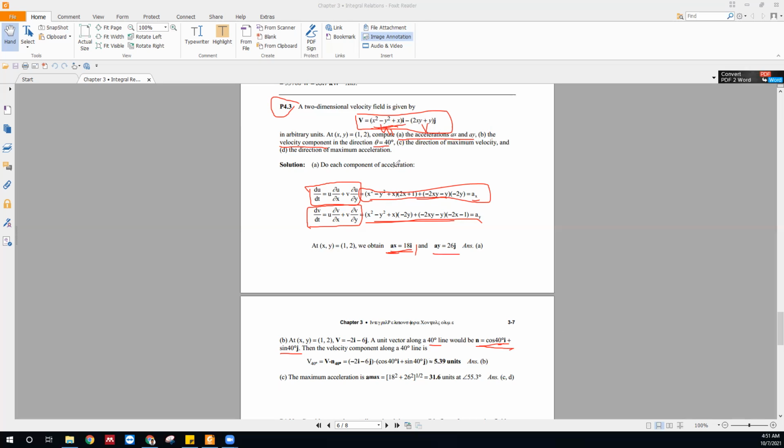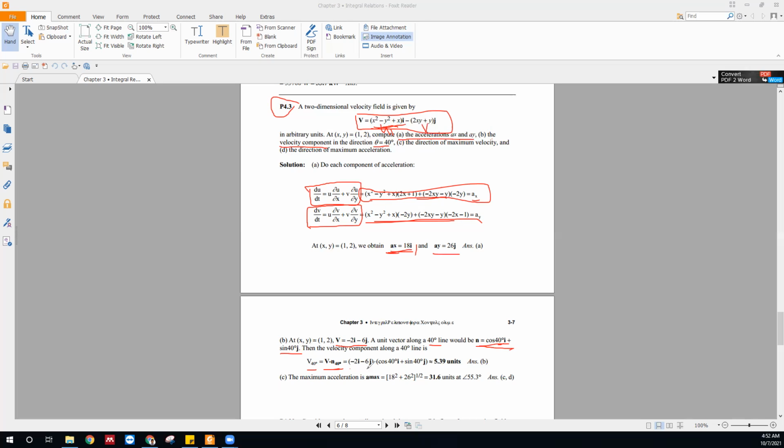So now if we want to calculate the velocity component in the direction theta equals 40 degrees, we just need to take the dot product of these two vectors. One is the v, that is this one. Another one is the unit vector. If we take the dot product, we'll get the velocity component along this direction.